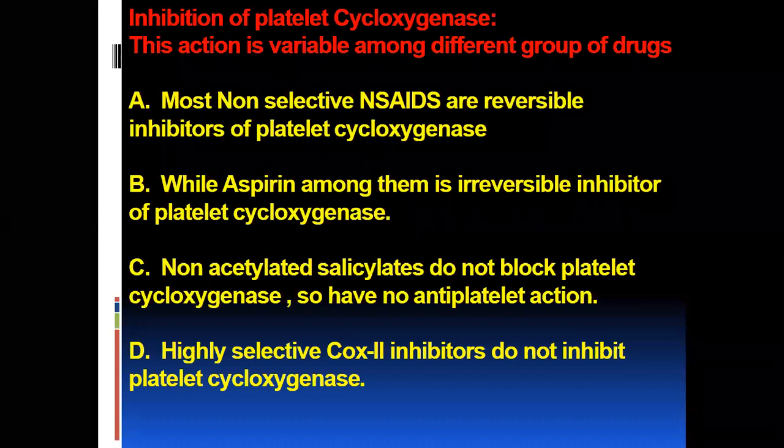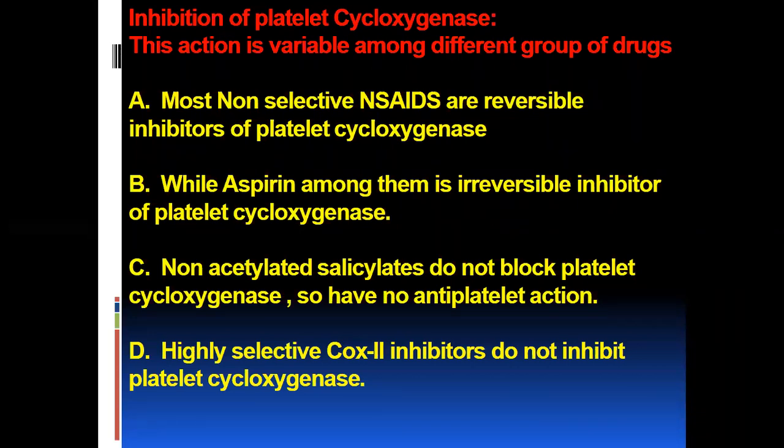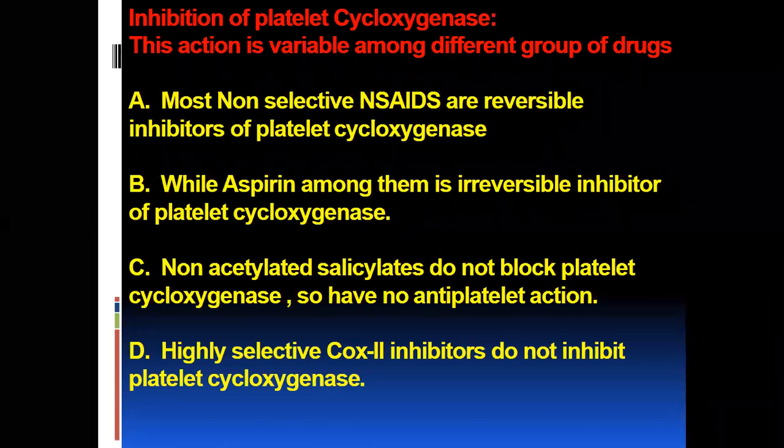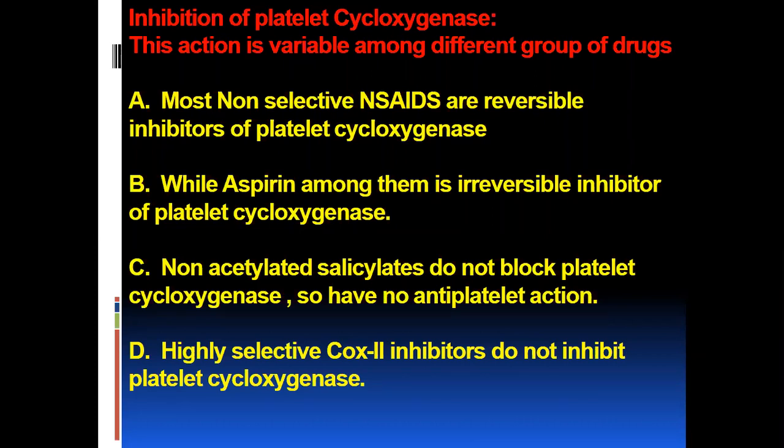Now, some words about the antiplatelet action, which occurs via inhibition of platelet cyclooxygenase. As I have told, this action is variable among different groups of drugs. First of all, most non-selective non-steroidal anti-inflammatory drugs are reversible inhibitors of platelet cyclooxygenase, while aspirin is an irreversible inhibitor of platelet cyclooxygenase.